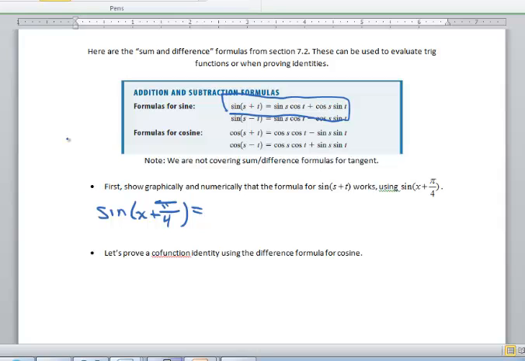So the sine of x plus pi over 4 is going to be the sine of the first one, which is the sine of x, times the cosine of the second one, which is going to be the cosine of pi over 4, plus the cosine of the first one, which is the cosine of x, times the sine of the second one, which is going to be the sine of pi over 4.